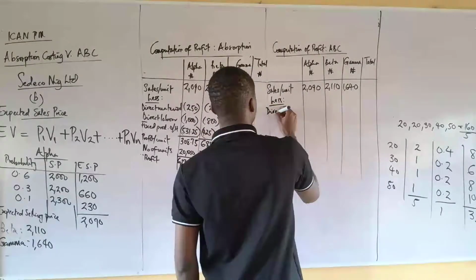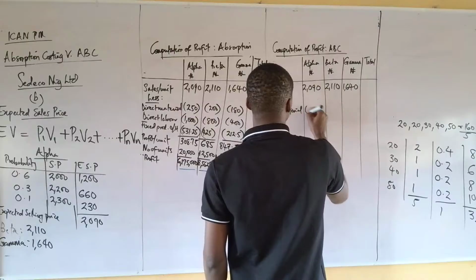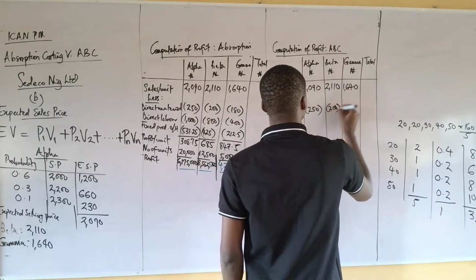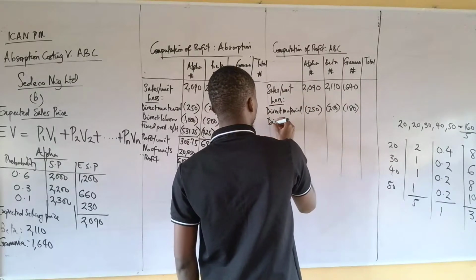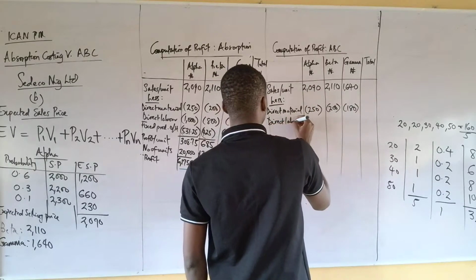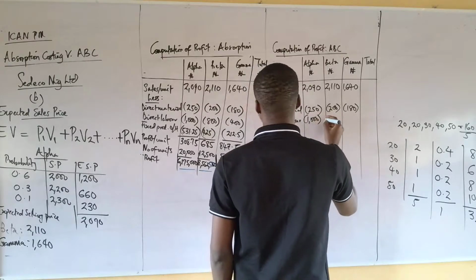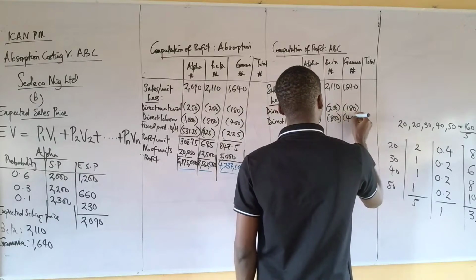Direct material 250, 180. Direct labor 1,800, 400.